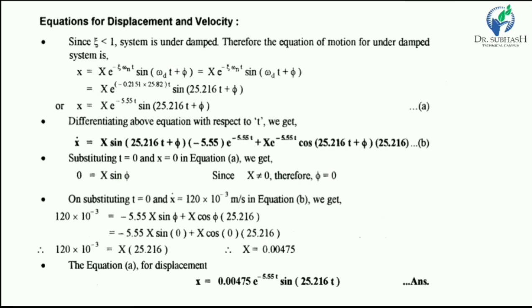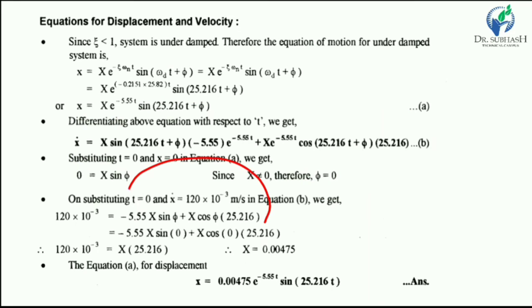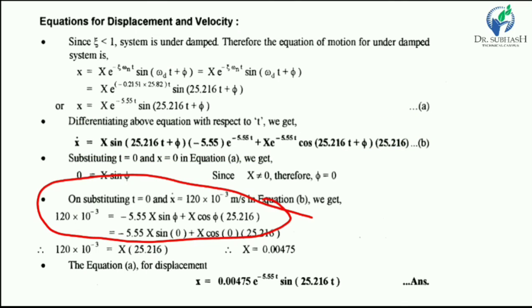Then the velocity equation. In that equation we take the value of 5 as 0, and the boundary condition is that the velocity x dot is given initially, and t is 0. Now all three values are put in the velocity equation. Here e raised to t is 0, so e raised to 0 is 1.